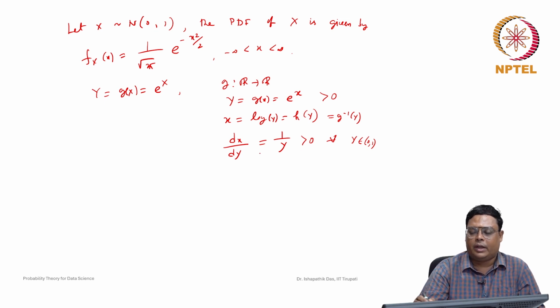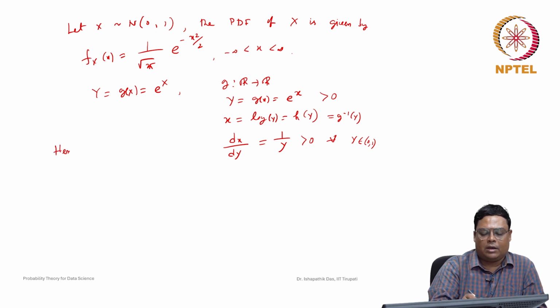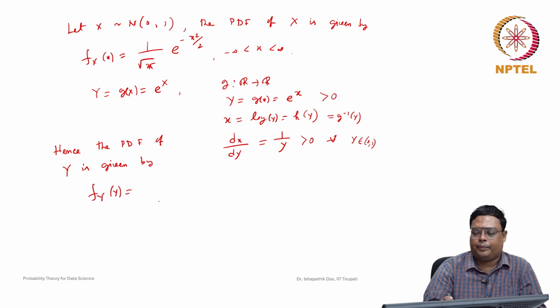So it is a strictly increasing function also, and hence the probability density function of y is given by f of y equal to the absolute value of dx/dy into f_X of h(y).